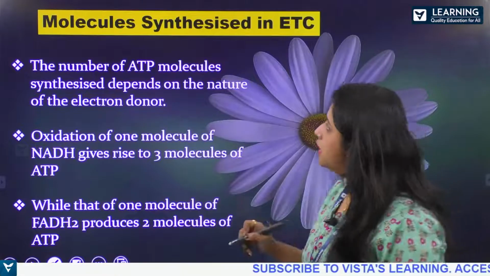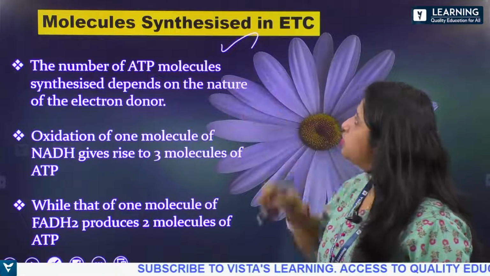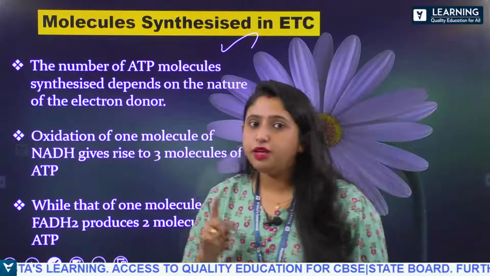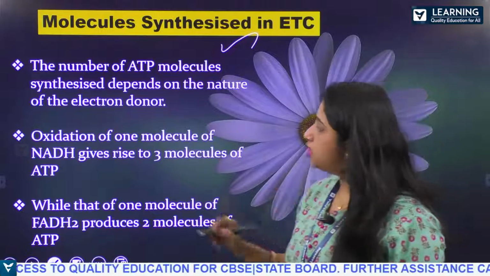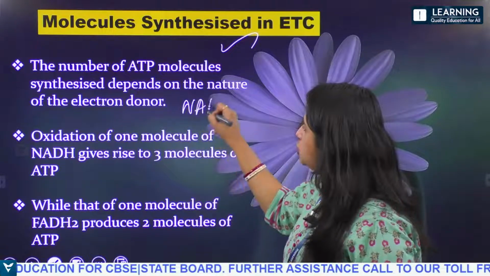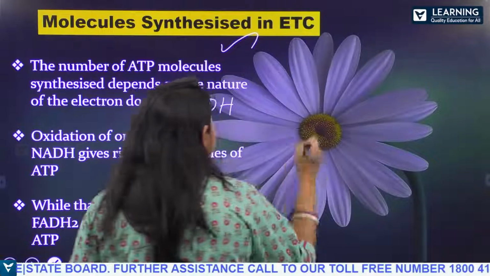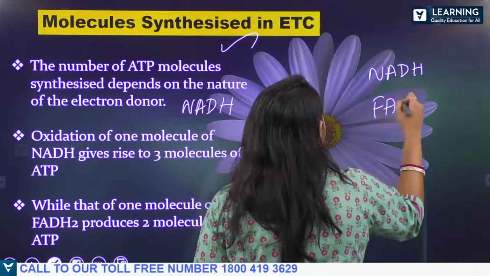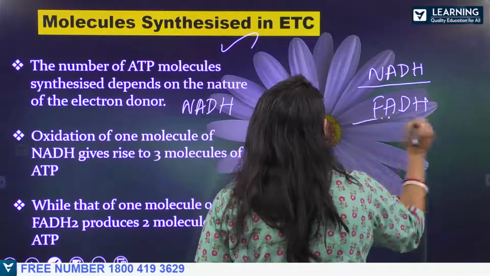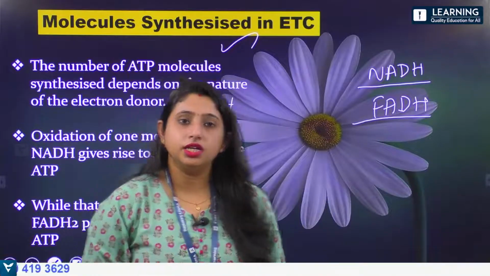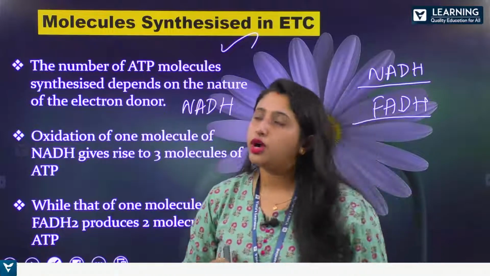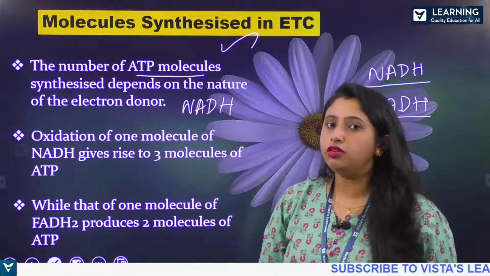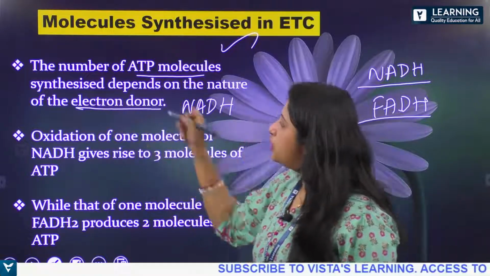Now, let's see the molecules which are being used in the electron transport chain. So you have seen that NADH and FADH2 are the molecules. The number of ATP molecules which are synthesized depends on the nature of the electron donor.